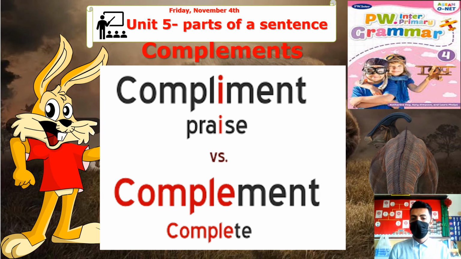Alright? The other one, complement with an E, not I. This complement is where we add words to the sentence to complete the sentences. Okay? Compliment with I means we say something nice to people.